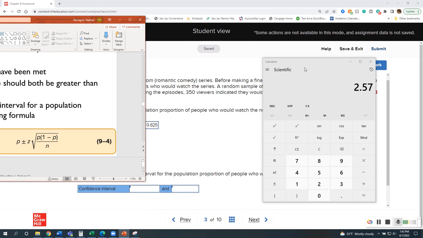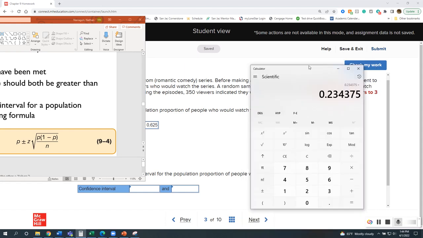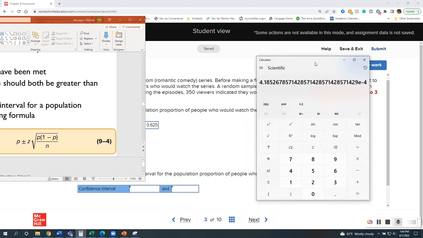So 0.625, multiply by 1 minus 0.625, divide by n, which our sample size is 560. Then we get to find the square root of it.